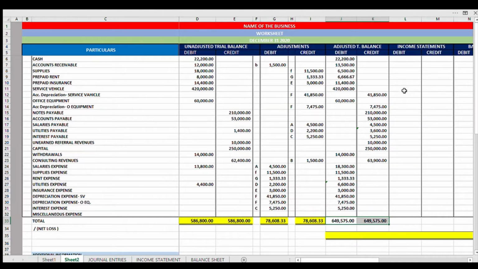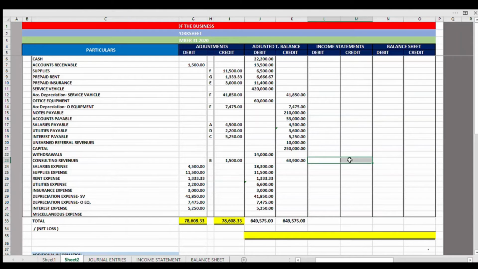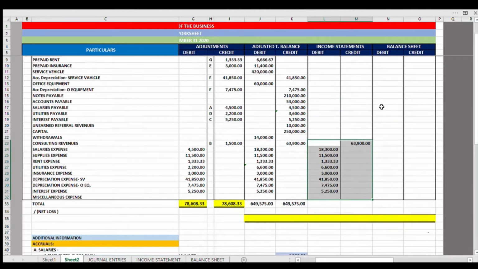Okay, so we will now go to the income statements. Let us identify, so all we have to do is extend all the income statement accounts. Okay, let's do this.